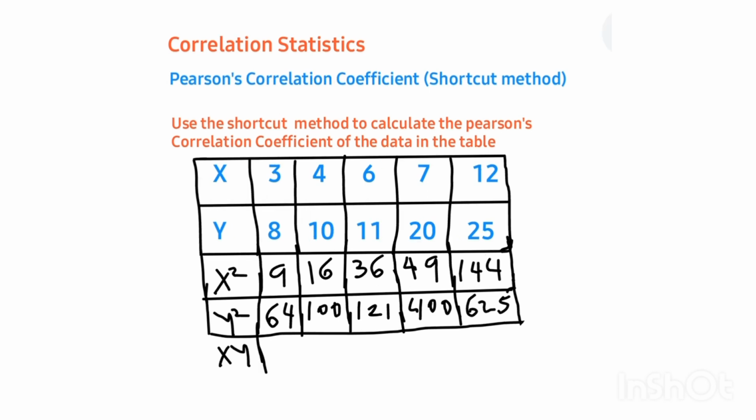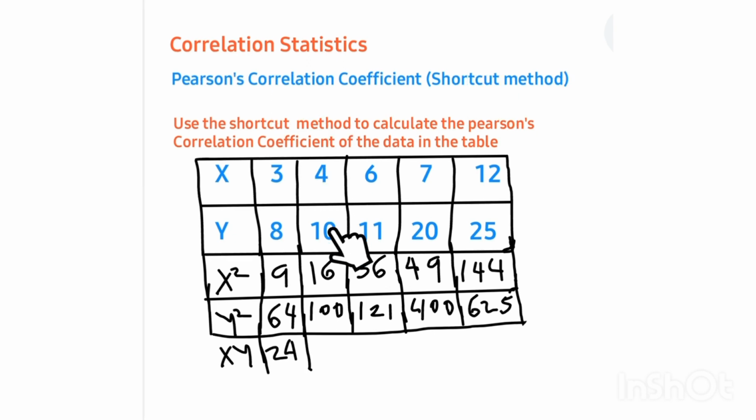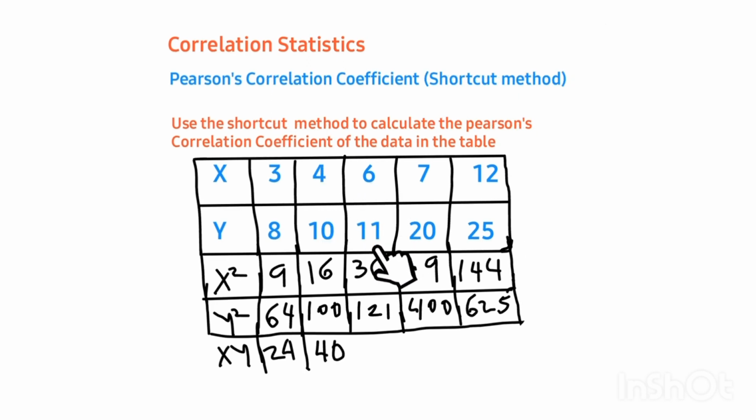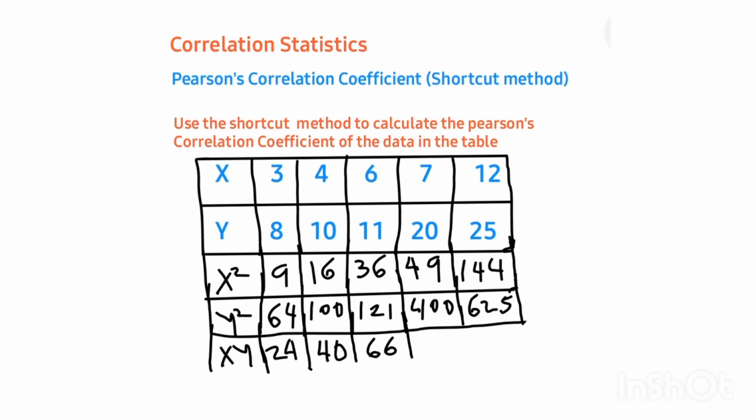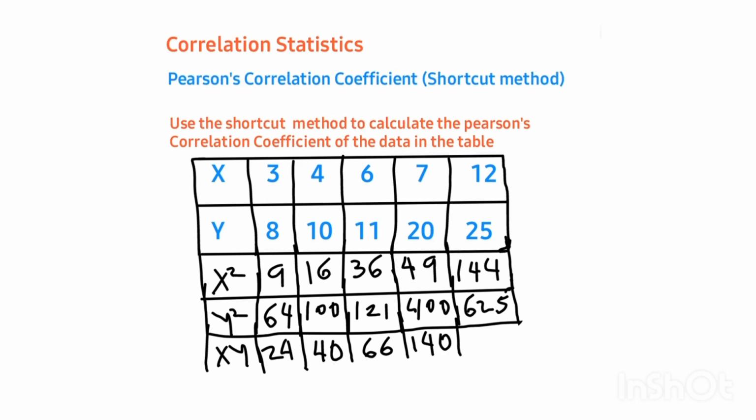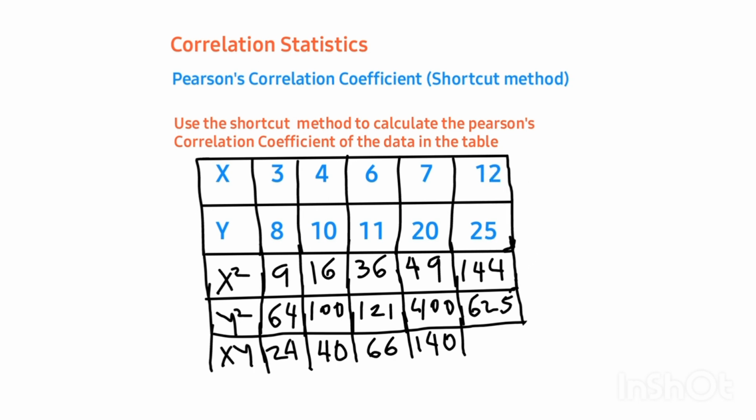For the first column, 3 times 8 gives 24, 4 times 10 gives 40, 6 times 11, we have 66, followed by 7 times 20, of course, that gives 140, and lastly, 12 times 25 gives 300.